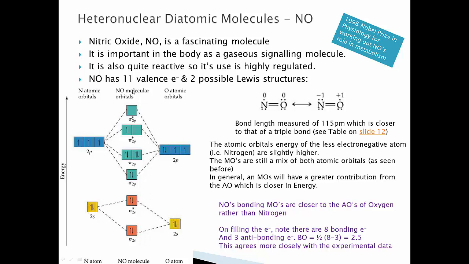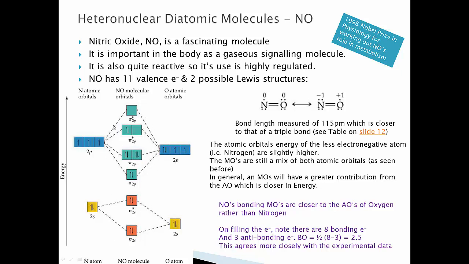When we combine the orbitals, we get our bonding and anti-bonding 2s, and our bonding and anti-bonding 2p's. Filling them up, we go 1, 2, 3, 4, 5, 6, 7, 8, 9, 10, 11, so we get 1 unpaired electron.